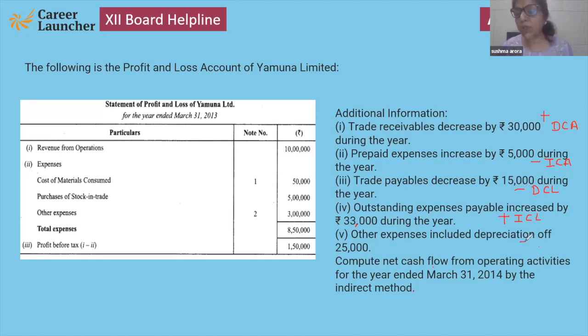And depreciation, you know, is to be added as a non-cash adjustment. Clear? Please note down this question, then we will discuss. Note down the question, children.